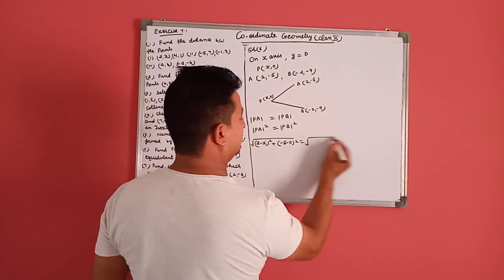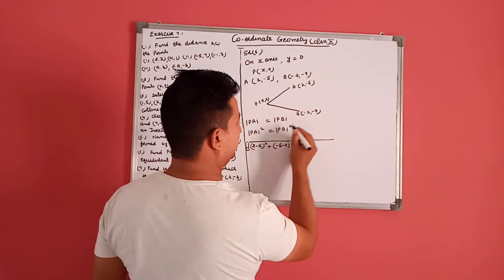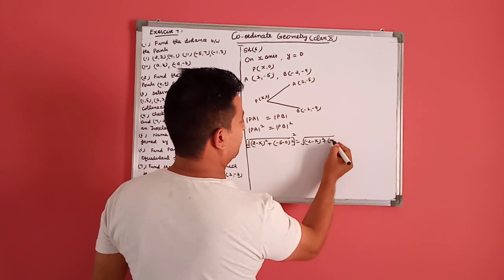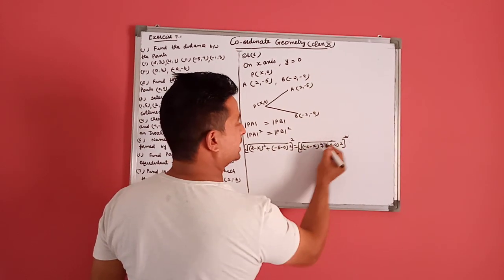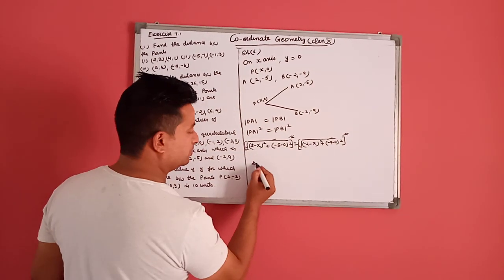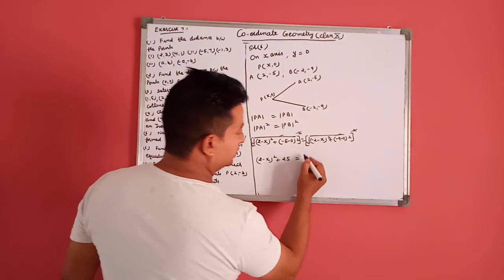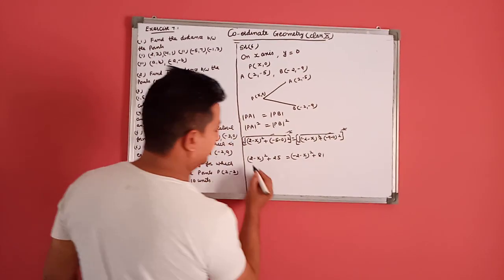In PB, there is a whole square: (minus 2 minus x) whole square, (9 minus 0) whole square. There is a square, this cancels out. This means (2 minus x) whole square plus 25 equals (minus 2 minus x) whole square plus 81.